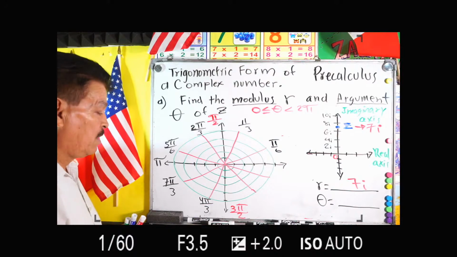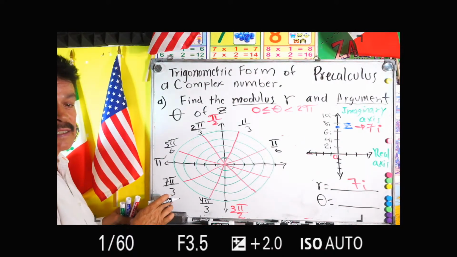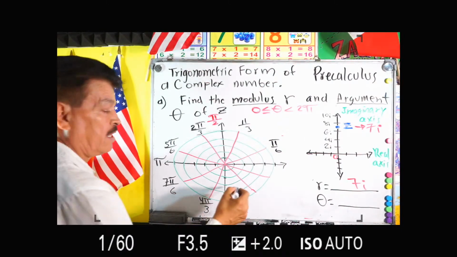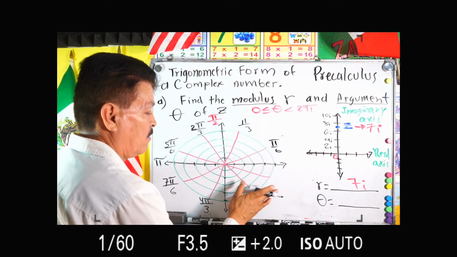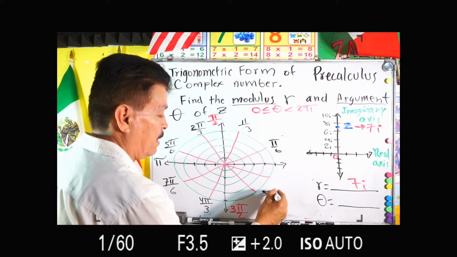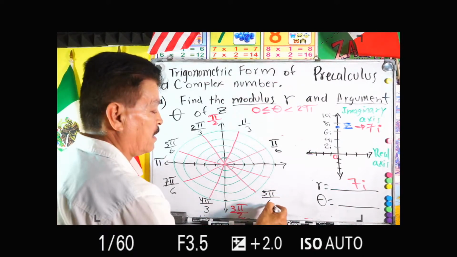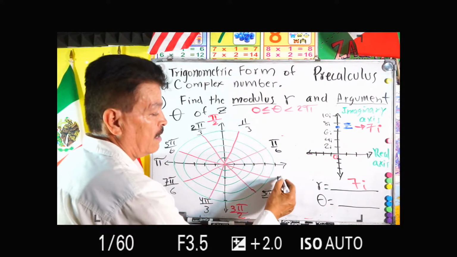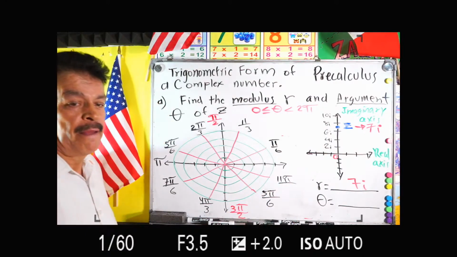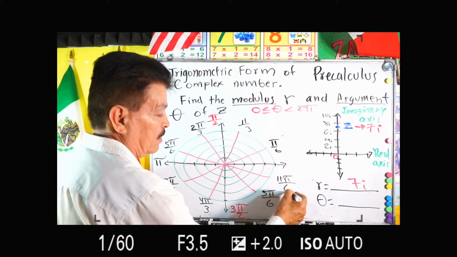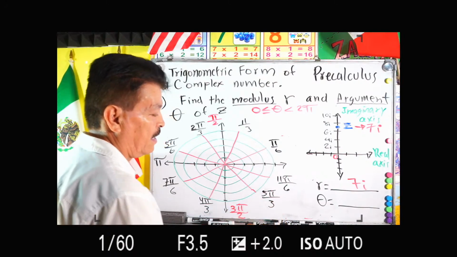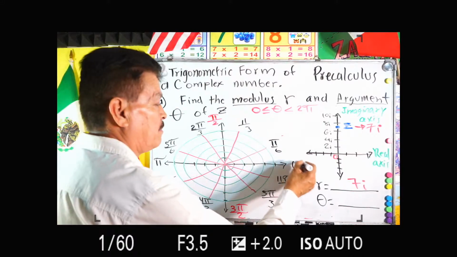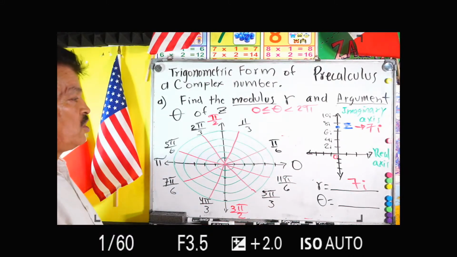This one is 5 pi divided by 6, and then here is 11 pi divided by 6. Here is 5 pi divided by 3. This is 11 pi divided by 6, and here is 0. All right, you see all the numbers right there.